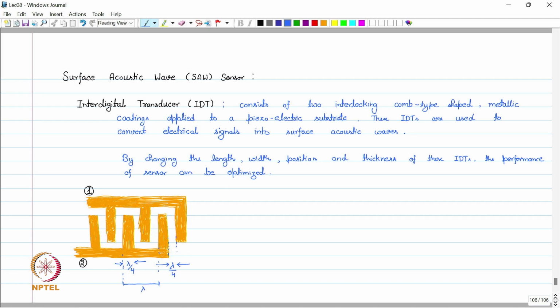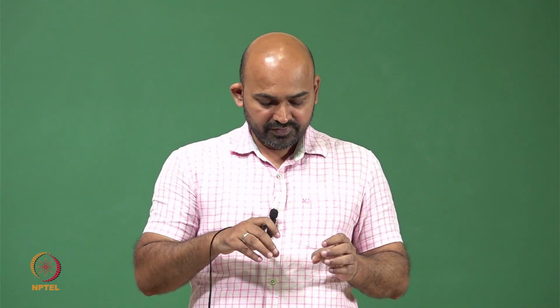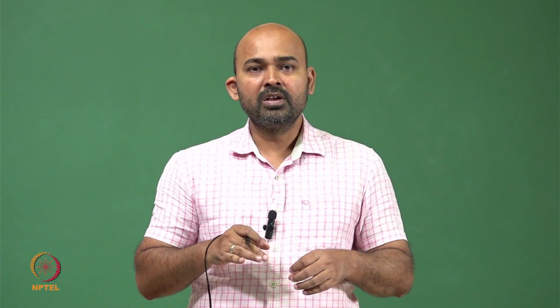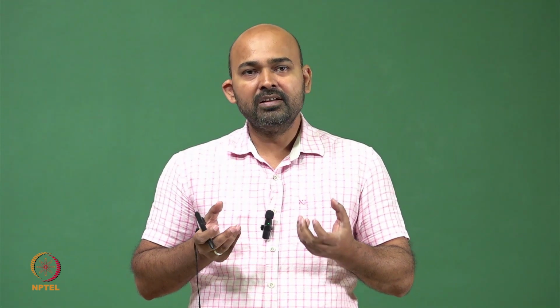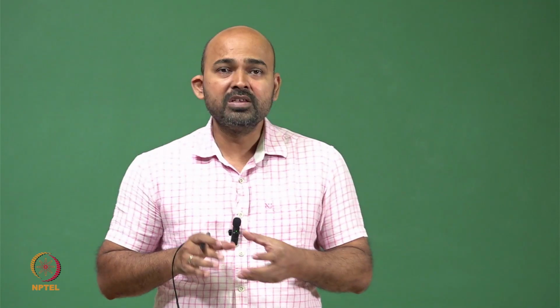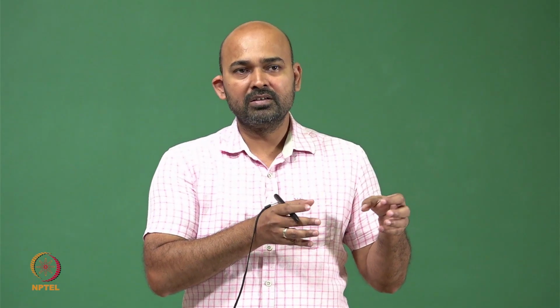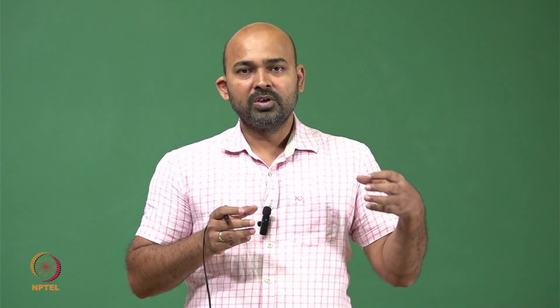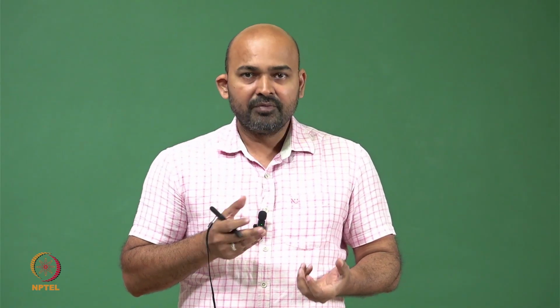So depending upon the thickness of the fin and the spacing between these two fins, which we can control as lambda by 4, where lambda is the wavelength of the applied electrical signal, which will be converted into acoustic wave. So the frequency of the acoustic wave will be the same as the frequency applied as an electrical signal. The electrical signal is, let's say, coming at 1 kilohertz. Accordingly, there will be a wavelength.